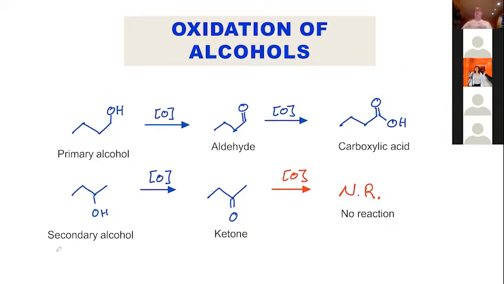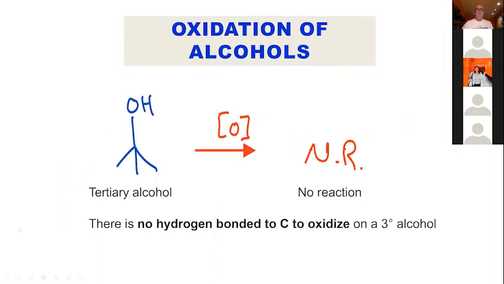Hydrogens we can pull off relatively easily. Carbon removal is much more difficult. It's a much more active reaction. So if we have a tertiary alcohol, this carbon is already making 4 bonds, 3 with carbons, 1 with that oxygen. So we can't even do anything to that.